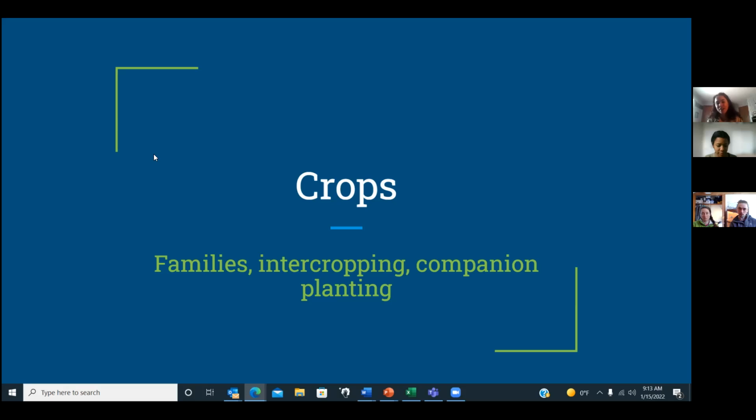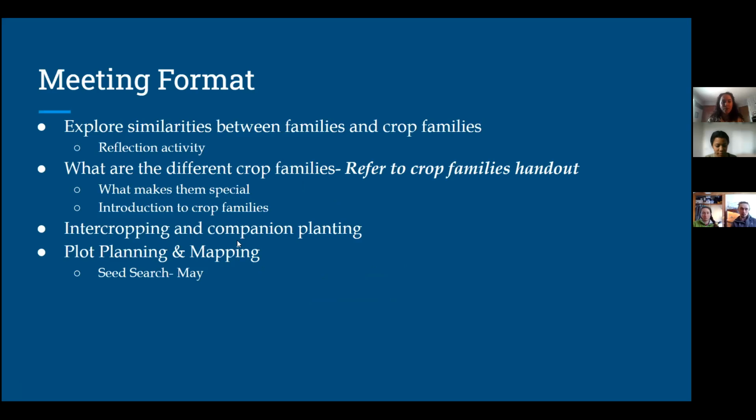I'm just going to lay out the meeting format for us. We'll start by exploring similarities between our families and crop families, doing a little bit of a reflection activity, grounding us in this presentation.